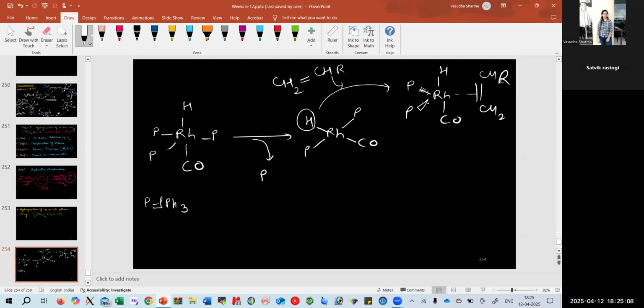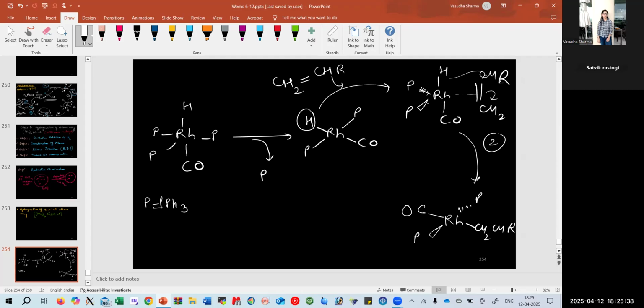Now we know that once the coordination happens, there is going to be an insertion into the metal hydride bond. So the hydride is going to transfer onto one side, which is this side, and therefore it is going to connect here. The CO, sodium, phosphine, phosphine, and another group is CH2, CH.